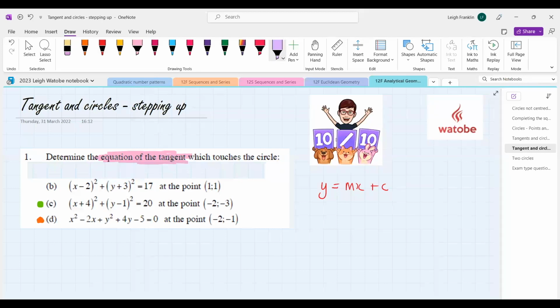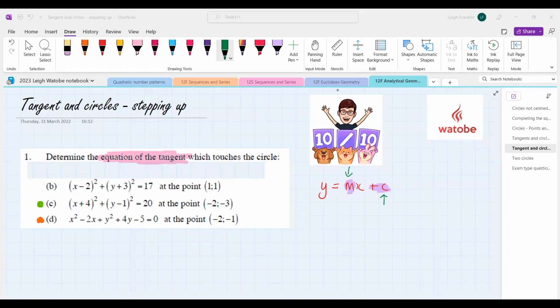It's our job to work out the gradient of the tangent, and also to calculate the value of the y-intercept. There's a particular order in which we do this. We always work out the gradient first, and then we use the coordinates at the point of tangency to sub in our x and our y, and that allows us to eventually work out our c. It's got to be done like that every single time.